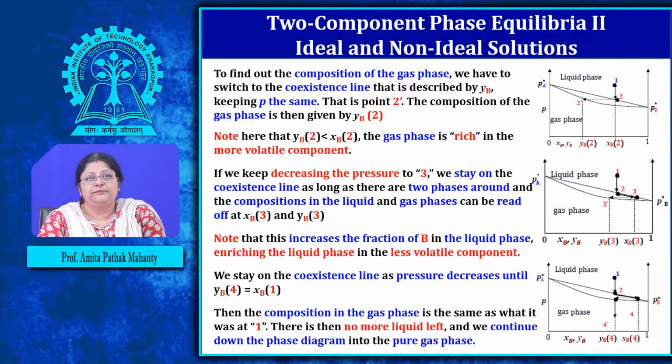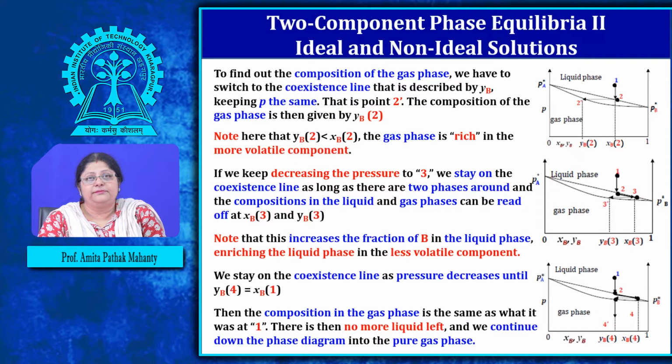We continue along the coexistence line, and keep decreasing till a point will come where the composition of the vapor phase and the composition of the same component in phase 1 become equal. There eventually will be such a composition.